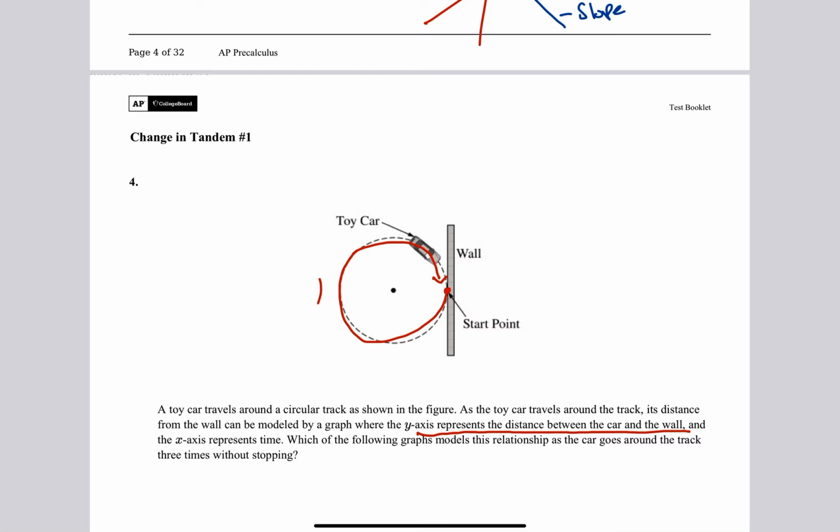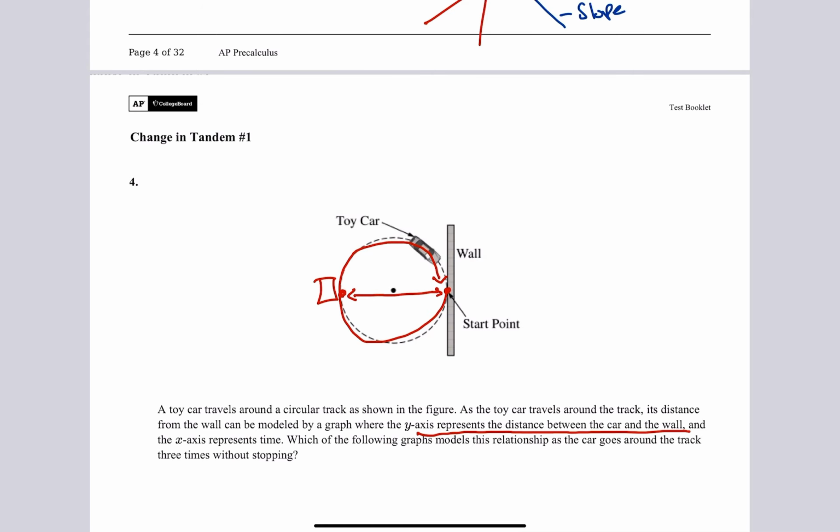So let's say the car is at this point of distance. Then you can tell that this is the furthest the car can be from the wall, right? But as it comes back to the starting point, it's basically back at 0 because it's touching the wall.